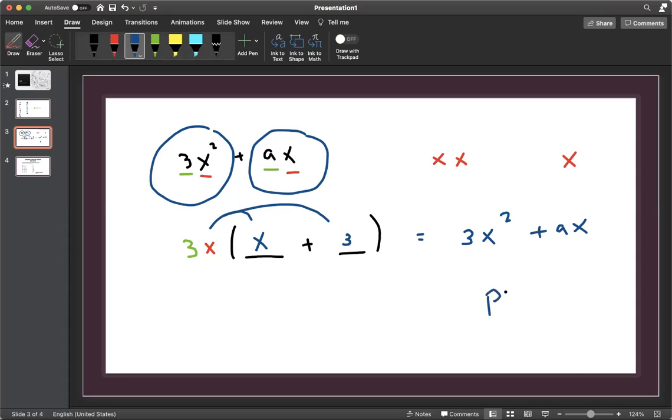So on our right side, this is what we call our product. This is what happens when we distribute. And on our left side, this is going to be our factor.